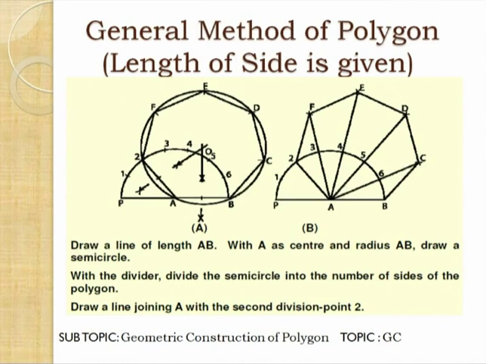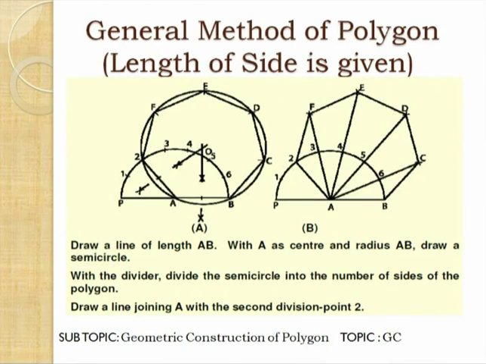First of all, draw a line AB, with A as center and radius AB. Draw a semicircle. Then divide this semicircle into equal parts as the number of sides of the polygon. Here we want to draw a heptagon. Then you divide the semicircle into 7 parts because a heptagon has 7 sides.